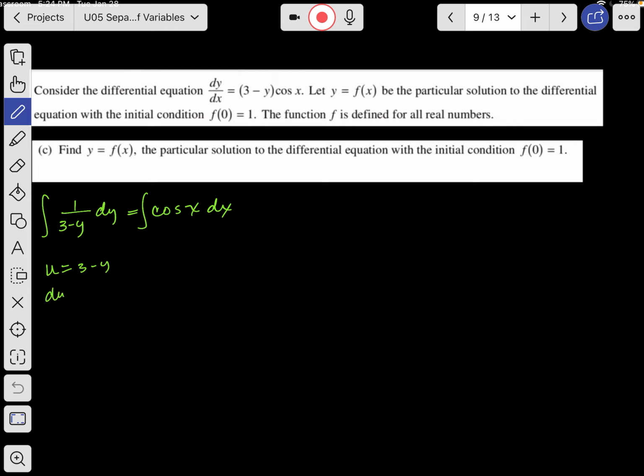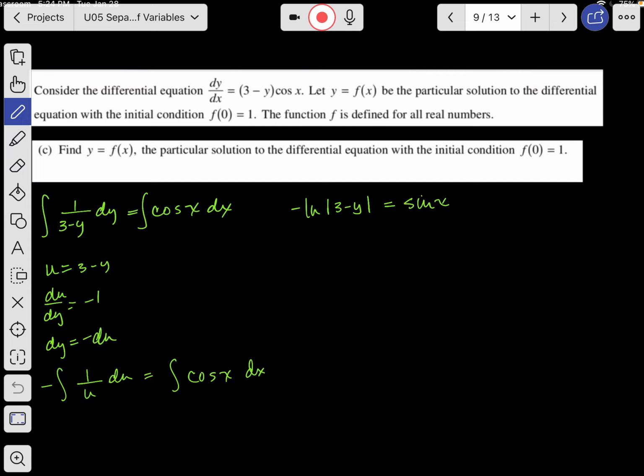My u is going to be 3 minus y, du/dy is negative 1, so dy is equal to negative du. Okay, so I have the integral of 1 over u times du equal to the integral of cosine x dx. Okay, so let's see, this is going to give me natural log of the absolute value of u, and my u is 3 minus y, is equal to sine x plus c.